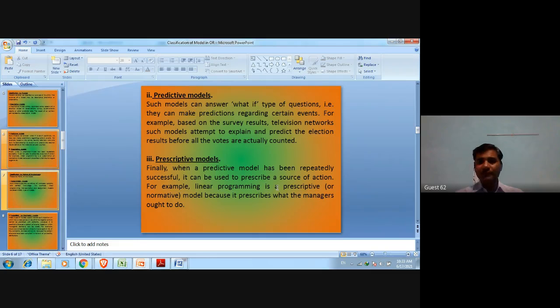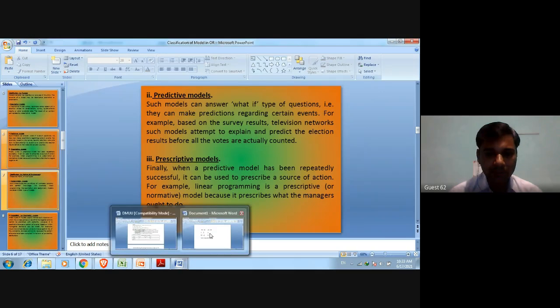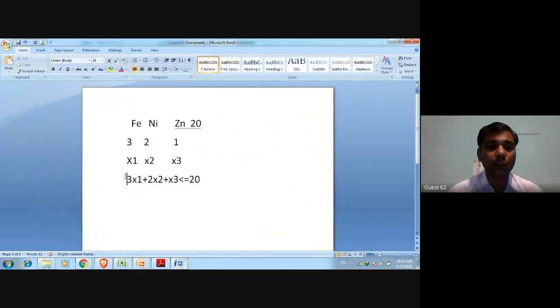Okay. Similarly, for example, linear programming is a prescriptive or normative model because it prescribes what the managers ought to do. Suppose that I have written this equation.